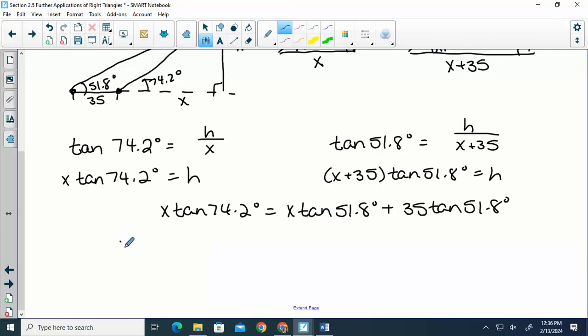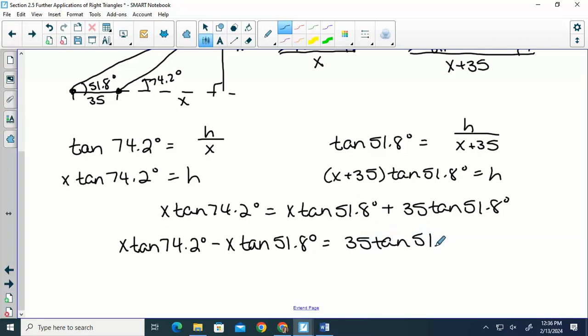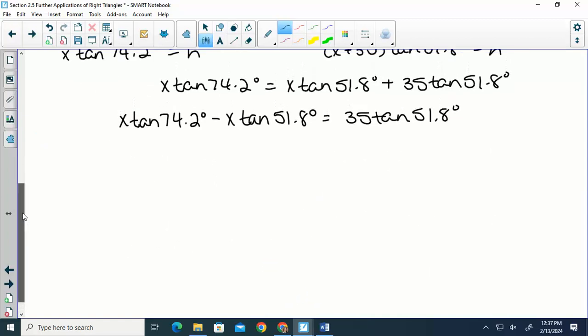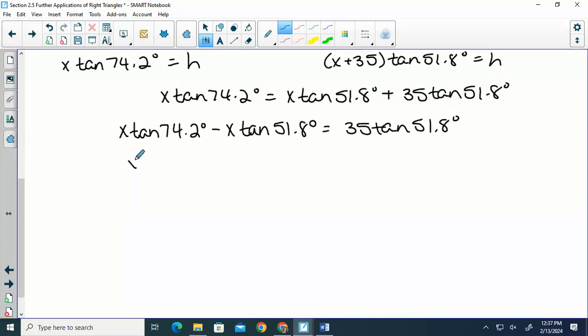So if I subtract that term over, they're not like terms, so you can't combine them. You can take an X out. I know it's a lot of writing, but you've solved problems like this in algebra. It just looks worse because of tangents and everything.